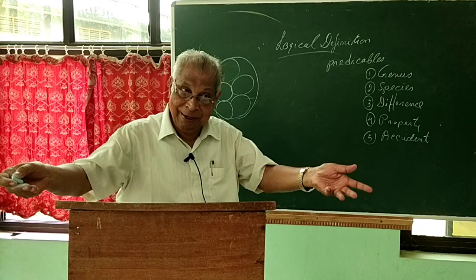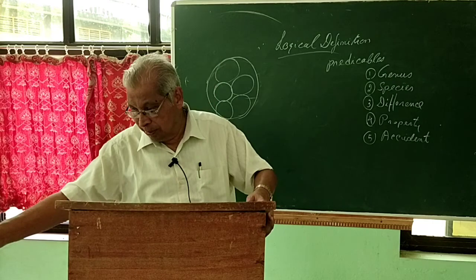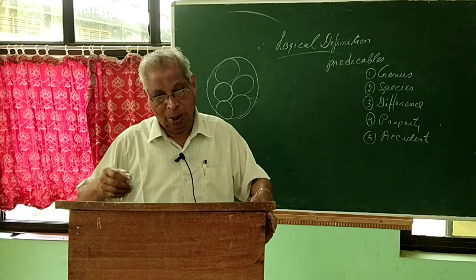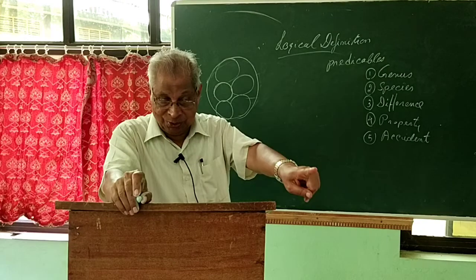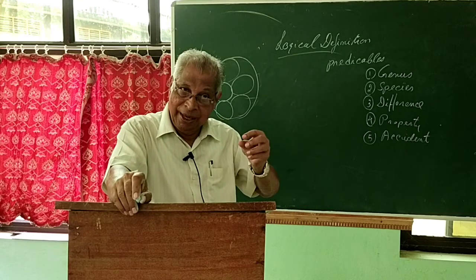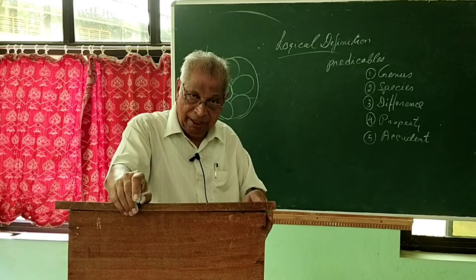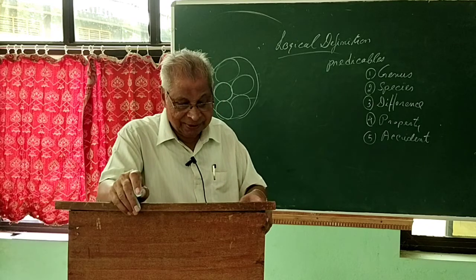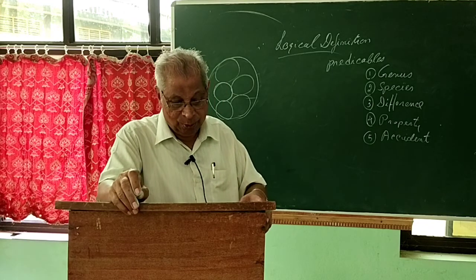So they accidentally happen to be. This table is brown. It happens to be brown. It is not an essential characteristic. It is not a characteristic that every table has. No, it is only an accident. Therefore, a non-essential characteristic that all in a class may not have.